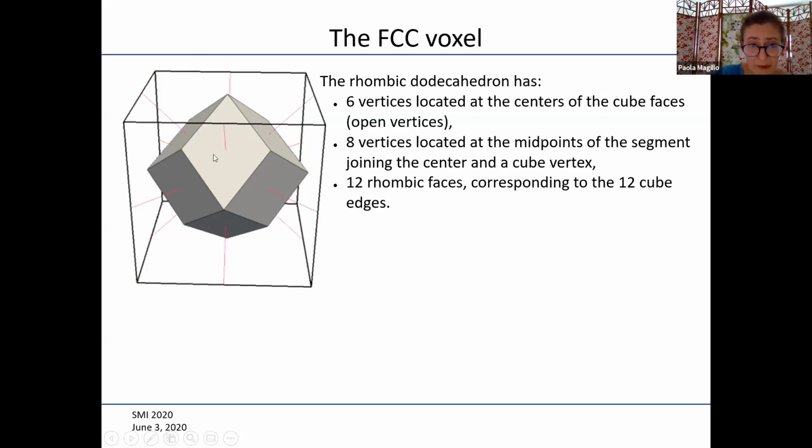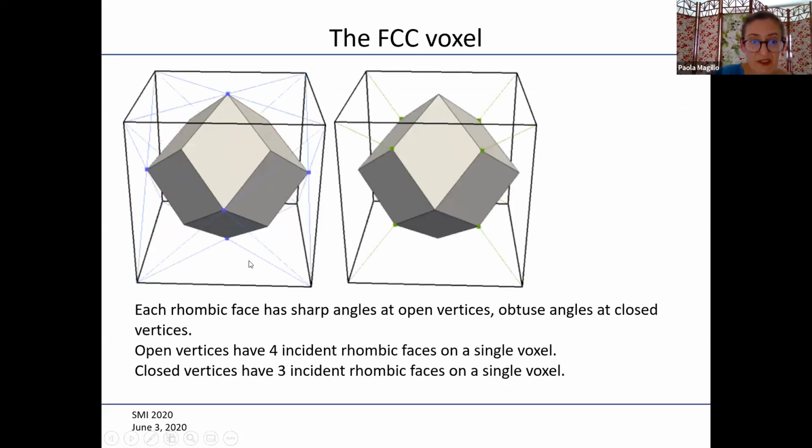And there are 12 rhombic faces that correspond to the edges of the cube. Each rhombic face has 2 open vertices and 2 closed vertices. The open vertices have sharp angles and the others have obtuse angles, and in one voxel each open vertex has 4 incident rhombic faces, and each closed vertex has 3 rhombic faces.